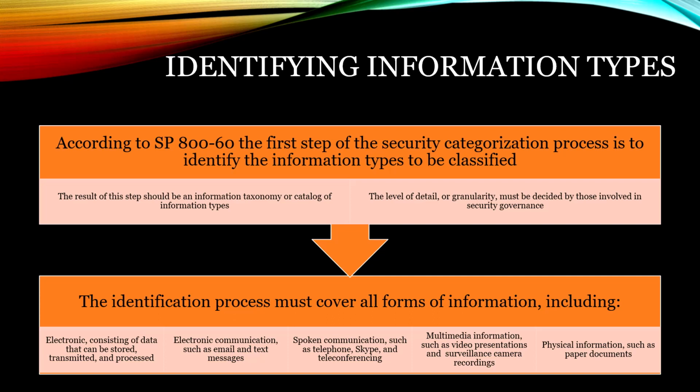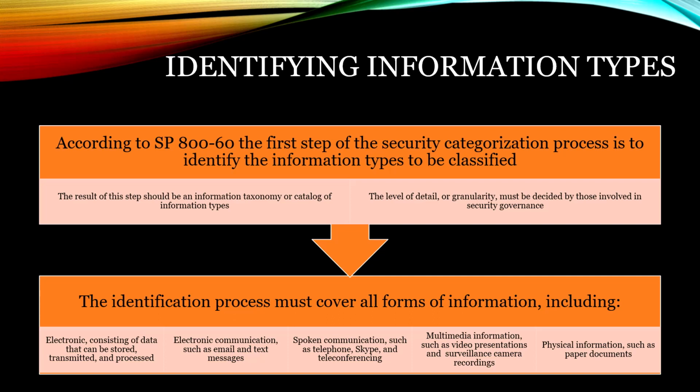This information must cover things like electronic types of communication, consisting of transmitted data, processed data, electronic communication, emails, texts, spoken communication via technology, could be VoIP or Skype or teleconference, multimedia forms of information, as well as physical pieces of information. All of this has to be there.